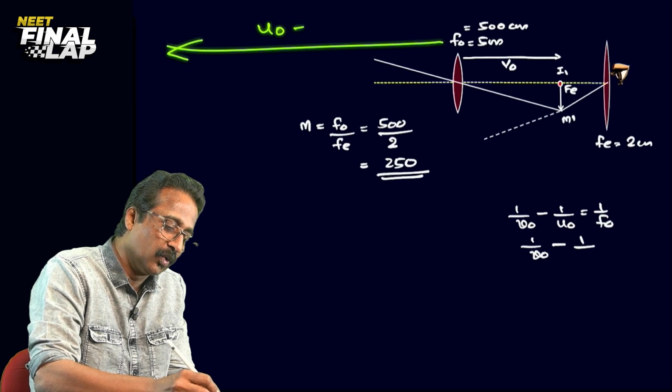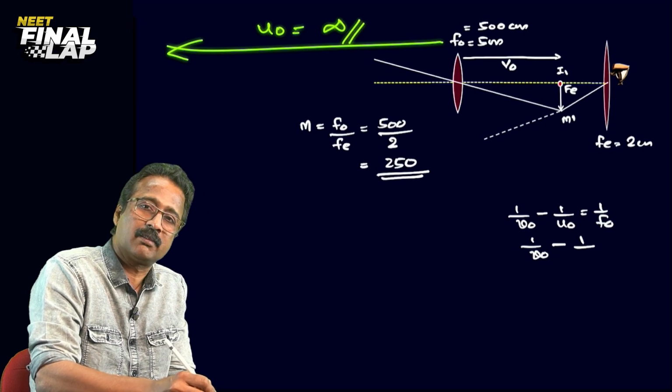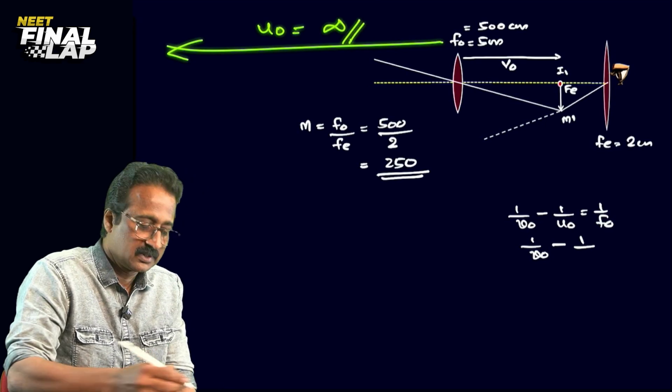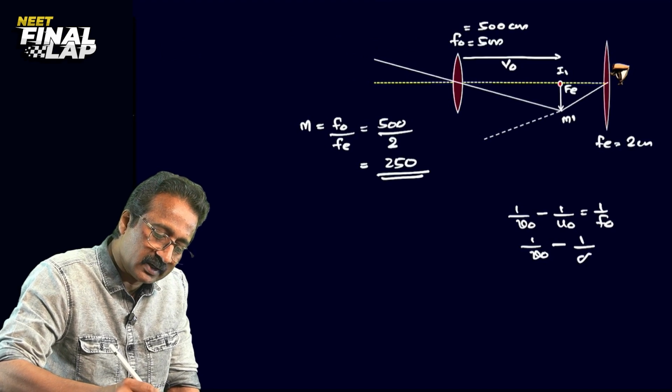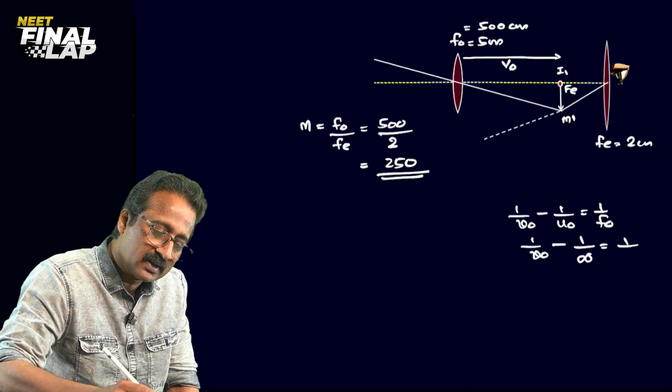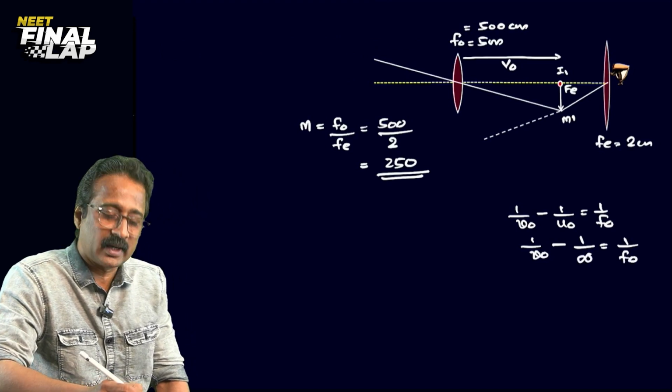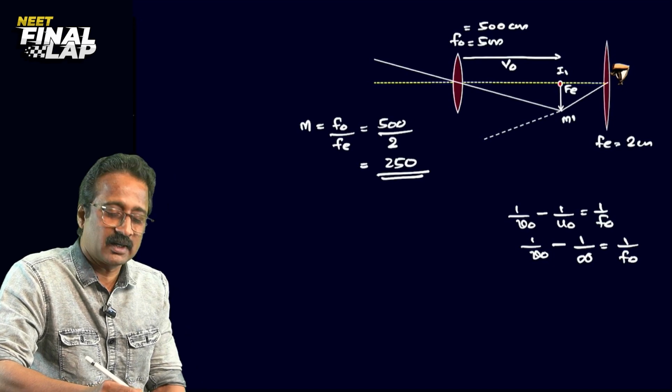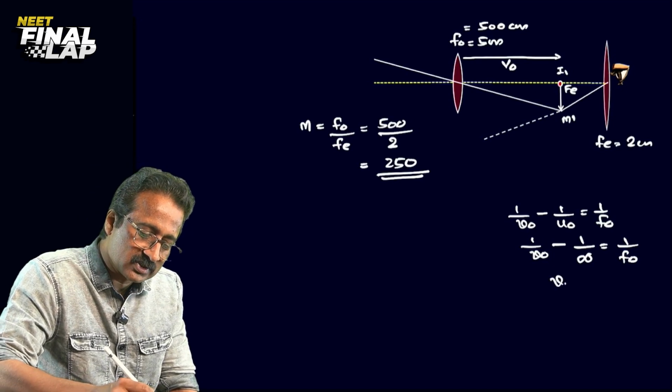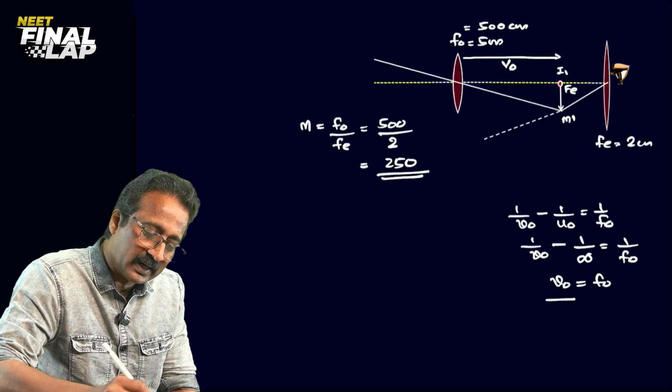So this UO can be considered to be infinity because it's a far object. So 1/infinity is 0. Simplifying, you will certainly get VO as FO.